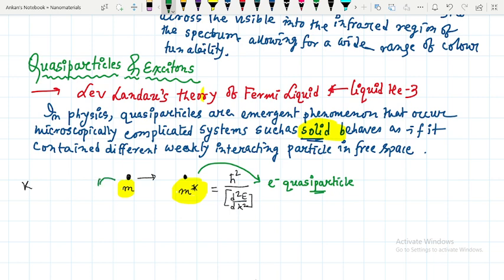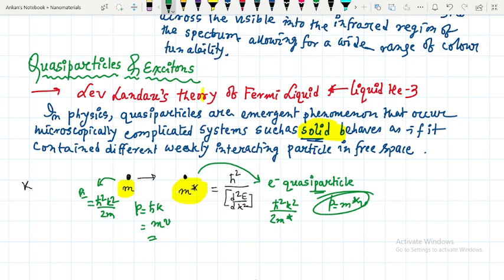In this case the energy was E equal to h bar square k square by 2m, but here it is h bar square k square by 2m star. Similarly its momentum was h bar k, or mv in the non-relativistic case, but here it will be m star v.